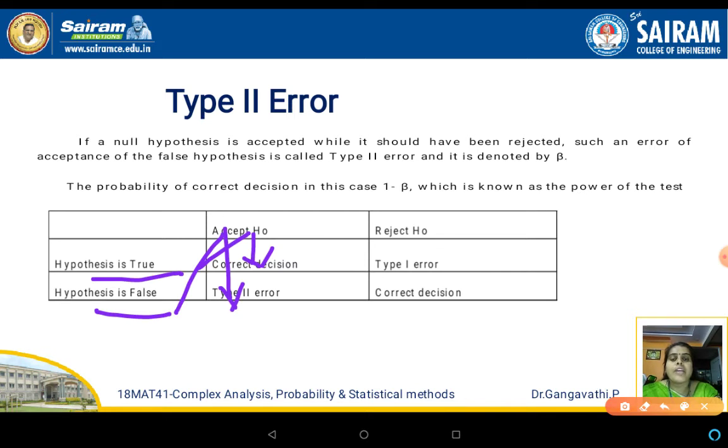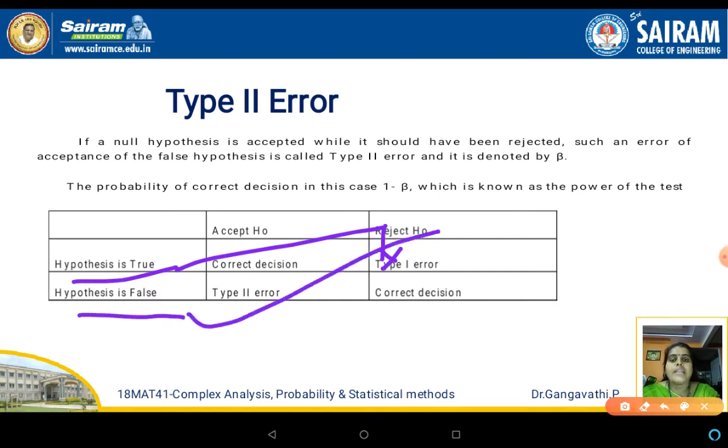Coming on to the next one, look at this. The hypothesis is true and it has been rejected. Once the hypothesis is true and it has been rejected, it is a type 1 error. The second case is the hypothesis is false and it has been rejected.